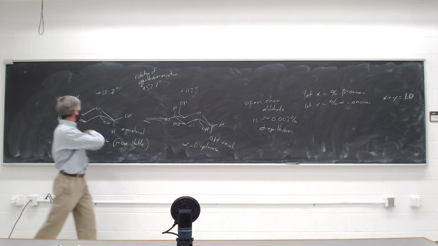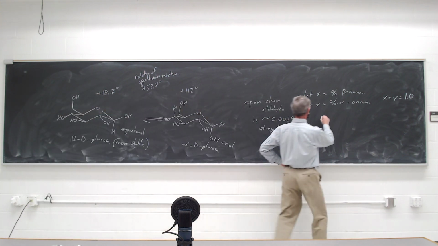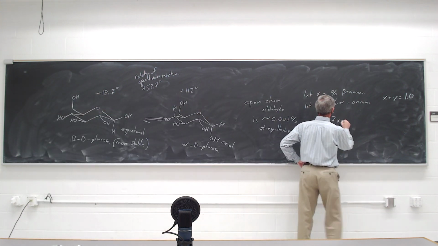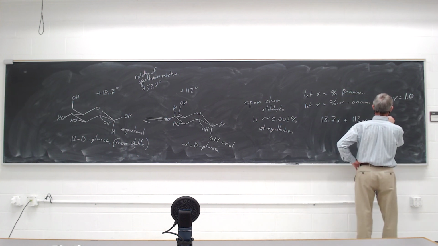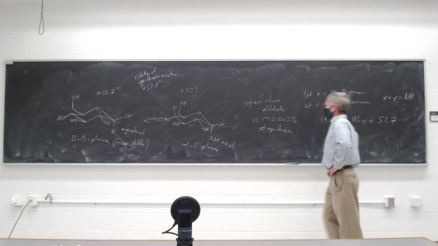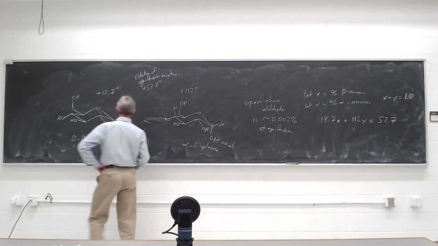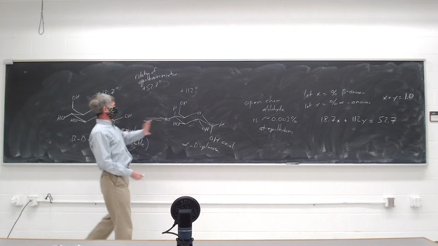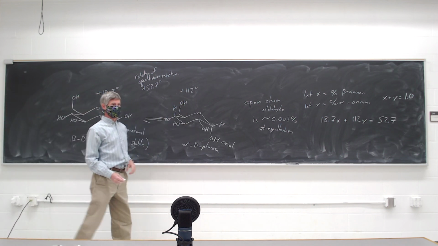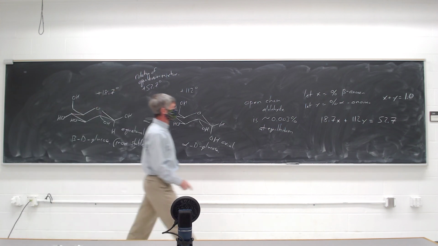But we also know that 18.7x plus 112y equals 52.7, because if we take the percentage of it that's rotating 18.7 and add that to the percentage of it that's rotating 112, we have to get the overall rotation.